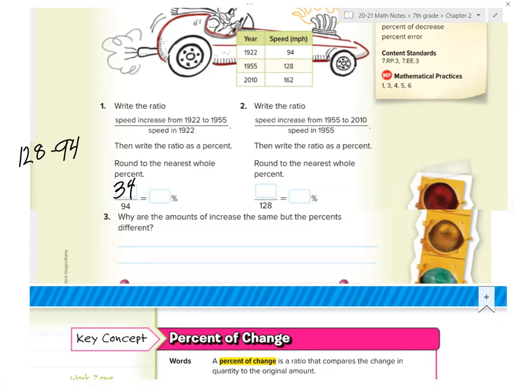Now I want you in your calculator to do 34 divided by the original speed, which was 94, the 1922 speed.